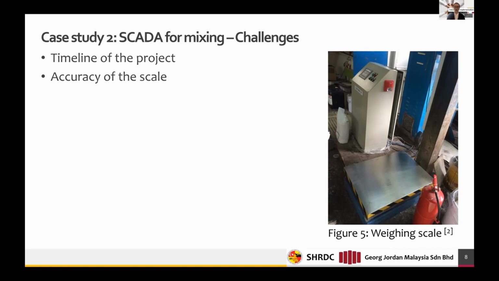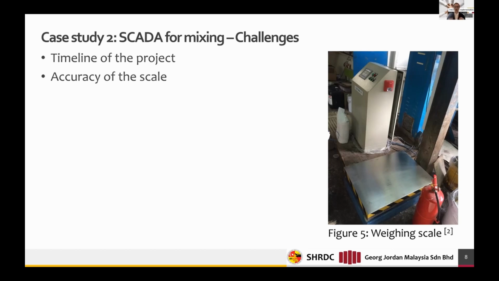Why did it take so long? In retrospect, we did not share all the requirements to our external solution providers. They assumed they know what they need, but unfortunately that did not match with our requirement. So, an example is the accuracy of the scale, pictured in figure 5.